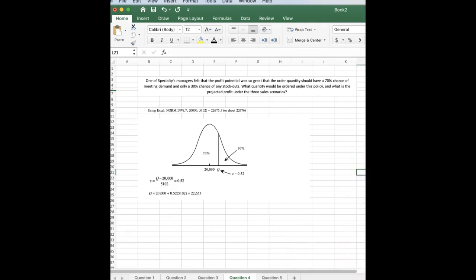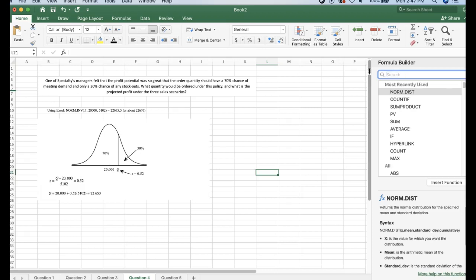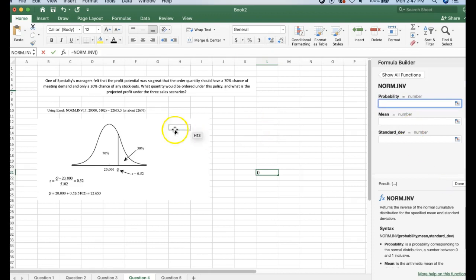All right, so I'm going to put this into our Excel document so that we can come up with a pretty easy equation. I'll just type it in. There we go. I can choose all or statistical, insert my function, and look at the probability.